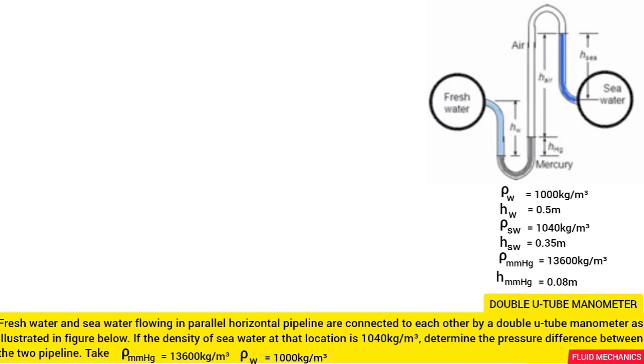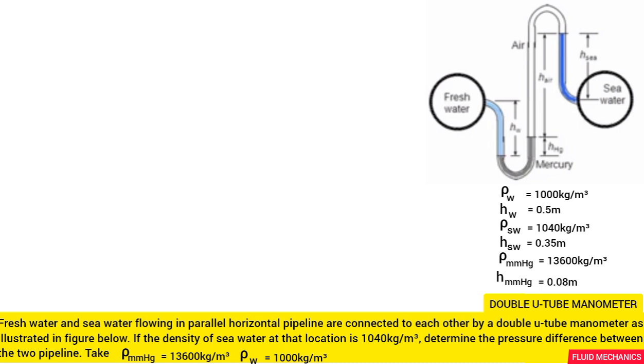And the height between this point and this point, which is the height of the mercury, is given, which I've already given as my parameter, which is seen to be what? 8 centimeter, right? And that will give us 0.08 meters. That is the height of the mercury, right? So we move forward.